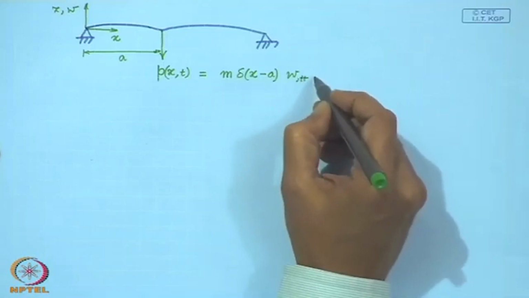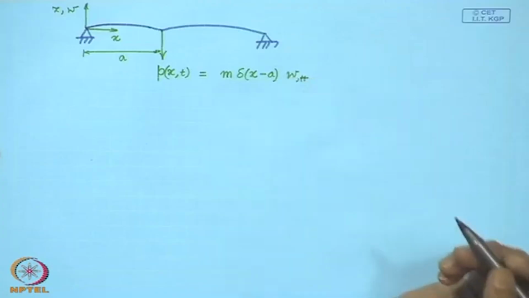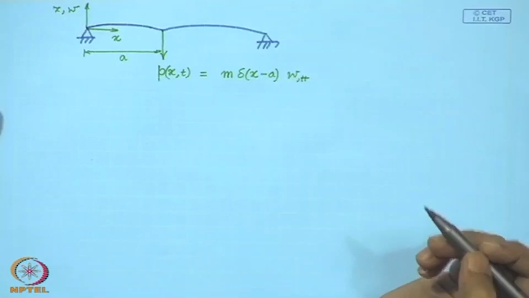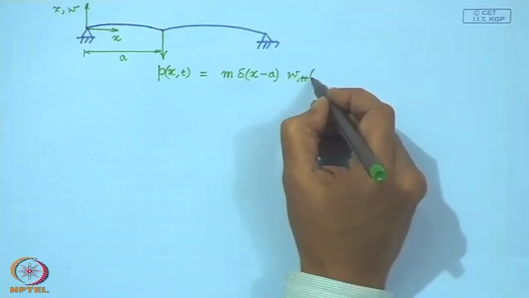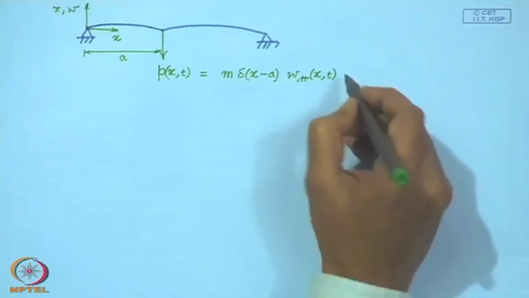Now, here I had written the acceleration at x equal to a, but from the previous property that I just discussed, I can write it like this.